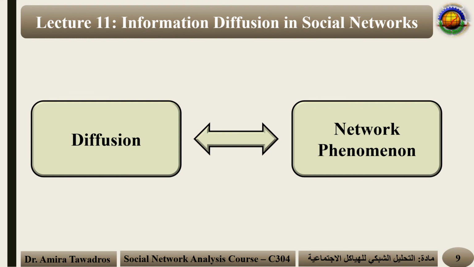And if we take the second path, we will relate the spread of an idea with the network structure and the overall properties of this network, and we will say that diffusion depends also on network structure. So in both cases, we can view diffusion as a network phenomenon.